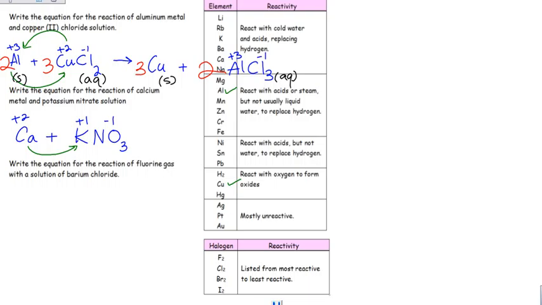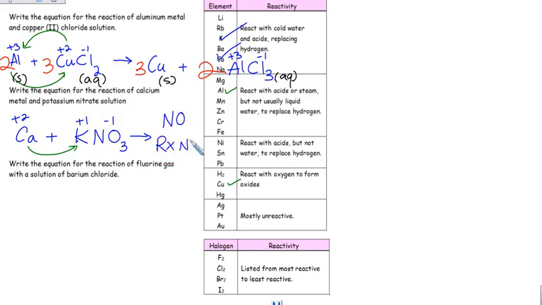They're both up on the top. Here's potassium. Here's calcium. Calcium is less reactive than potassium, which means that this thing's not going to work. Essentially, this is a no reaction.